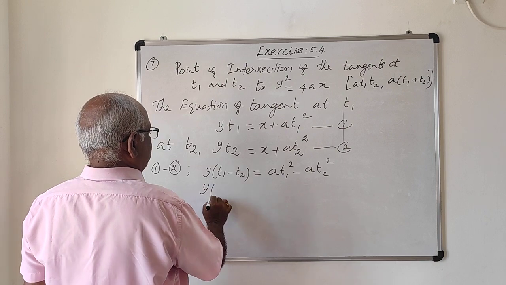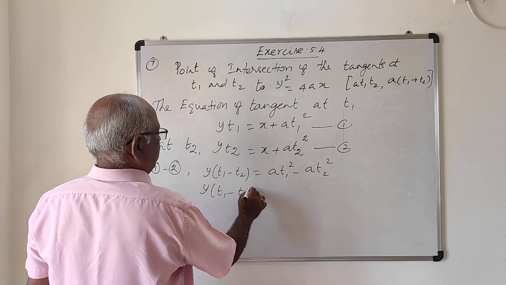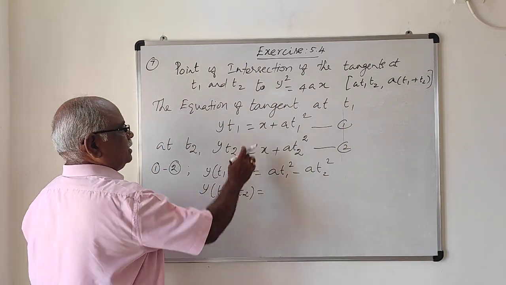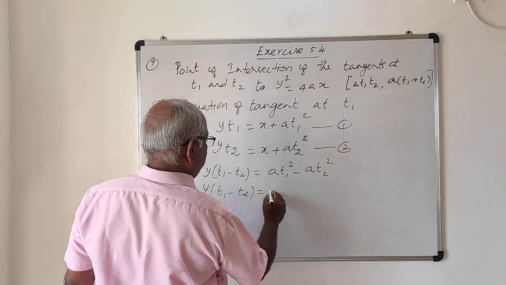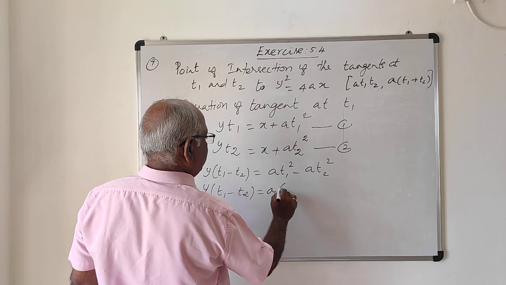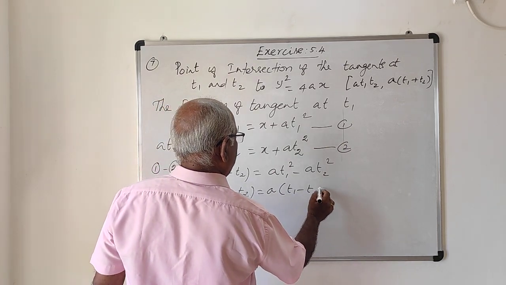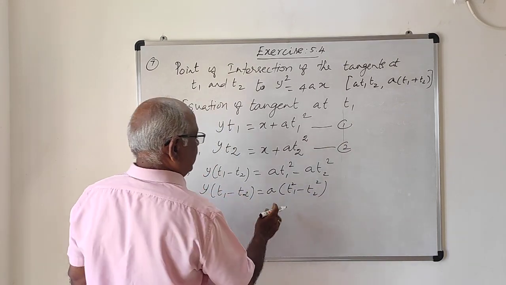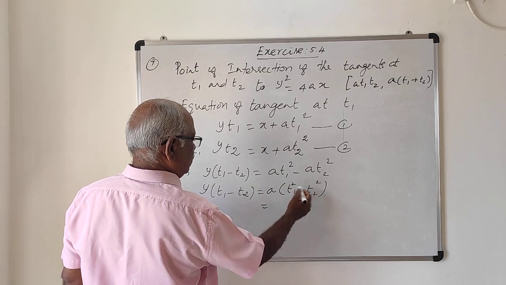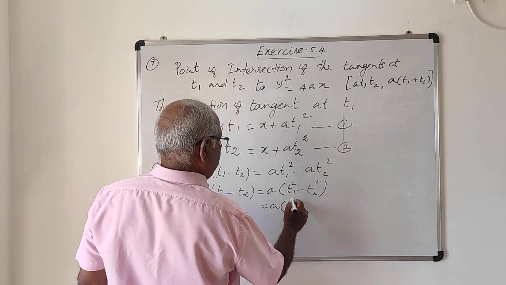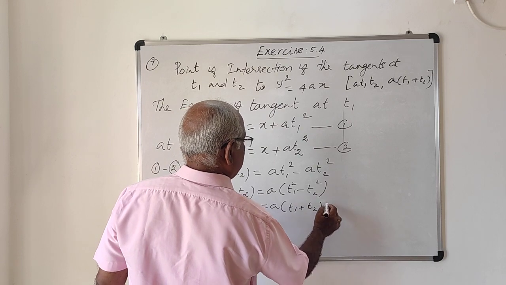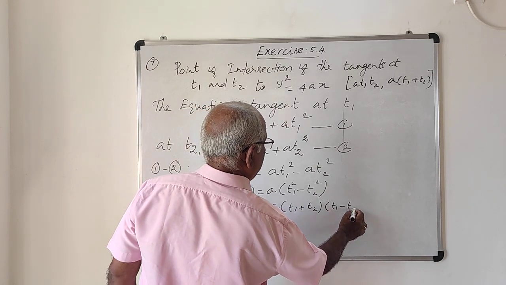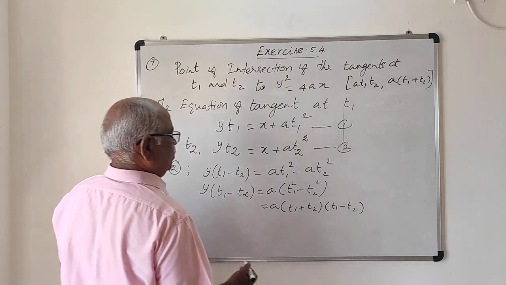That is, y into t1 minus t2 equals the right hand side, where x minus x is 0. So a t1 square minus a t2 square, if you take a common, is t1 square minus t2 square. This is the a square minus b square formula, that is, t1 plus t2 into t1 minus t2, like a plus b into a minus b.